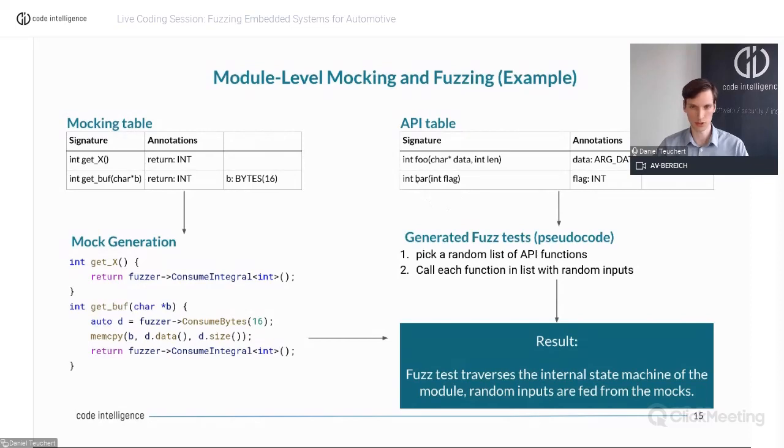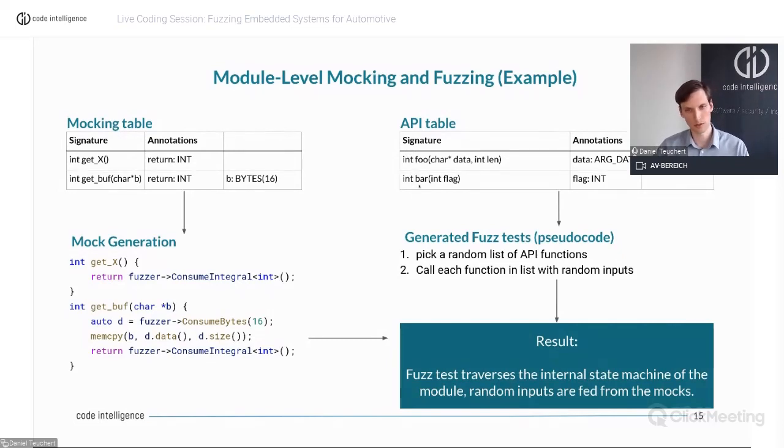Another example would be a function called bar that just takes an integer. So we can just take a random integer from our fuzz data and call this function with this integer. So when we generate a fuzz test from this Excel sheet, then we will have a fuzz test that when it runs, picks a random list of functions and calls them in a random order.